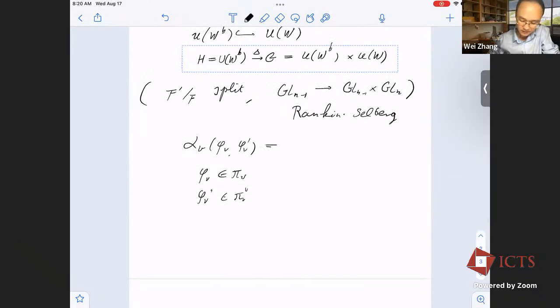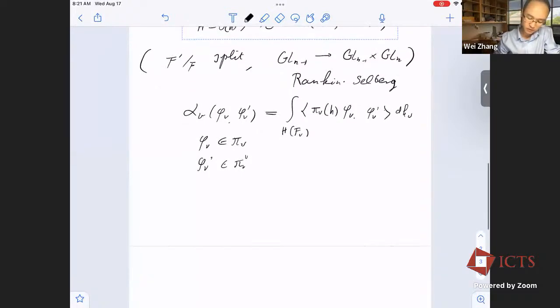This has a very explicit formula given by the integration of matrix coefficients over H. This is the tautological pairing between pi_v and pi_v dual. Or if you take a unitary representation pi_v, you can take the invariant inner product, then take the integral. This is the Ichino-Ikeda canonical local invariant linear form.